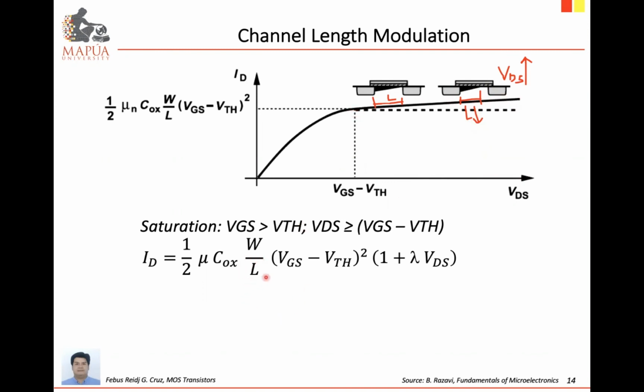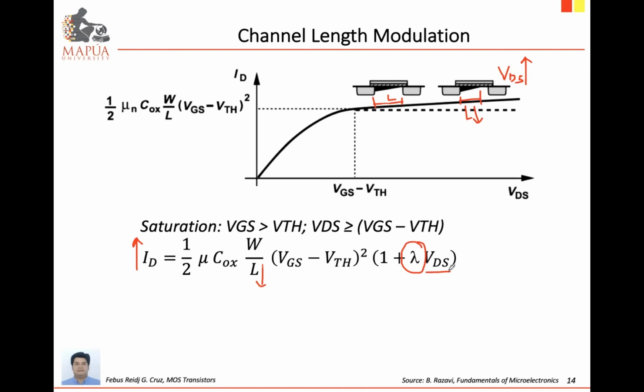When the effective channel length decreases, the drain current increases. That is reflected using this lambda, the channel length modulation parameter, and the effect causing the channel length modulation is accounted to the VDS. Is this clear?